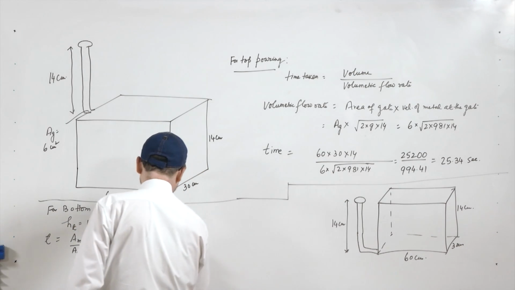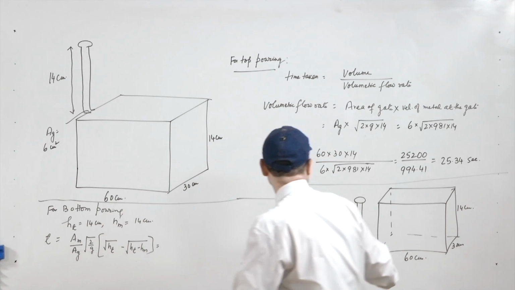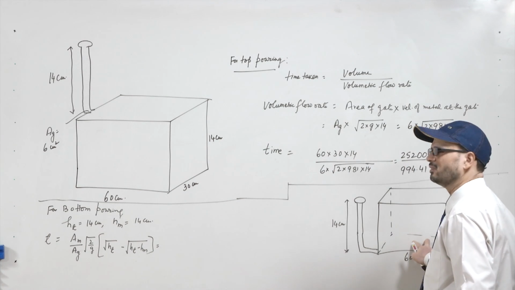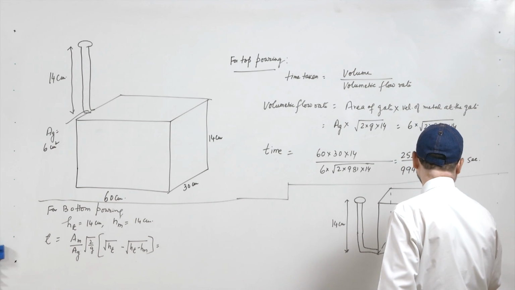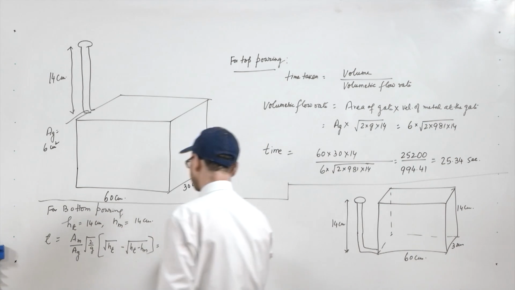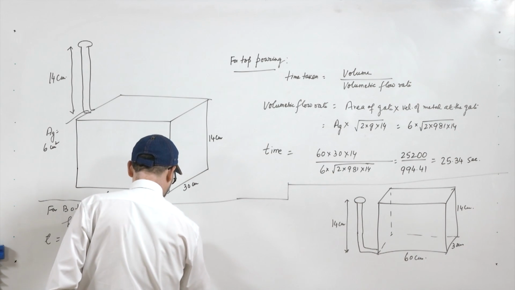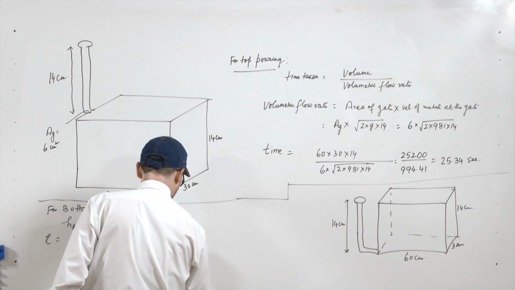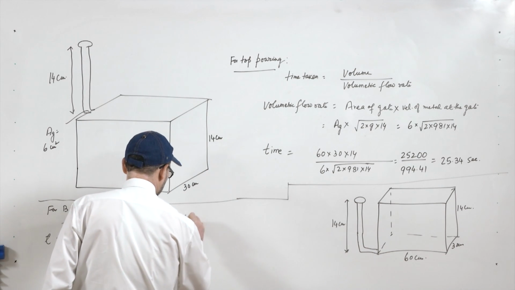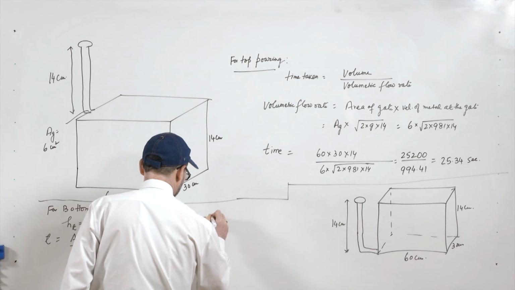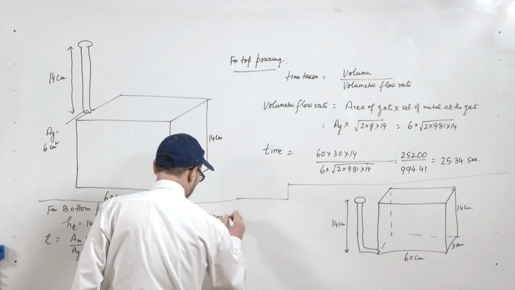AM is nothing but the cross sectional area of this mold. So, 60 multiplied by 30, you have AM as 60 multiplied by 30, that is 1800 centimeter square.